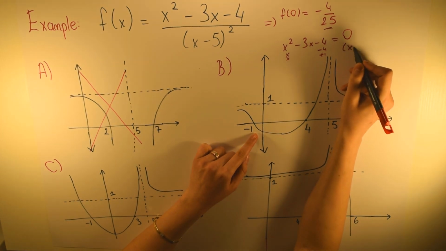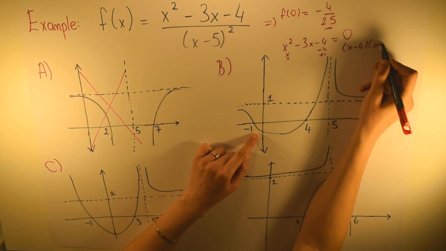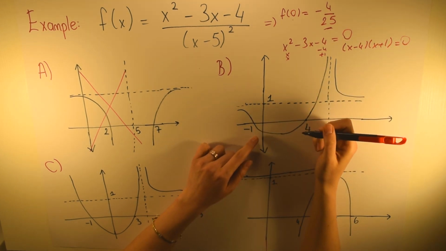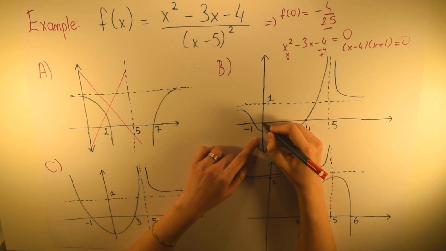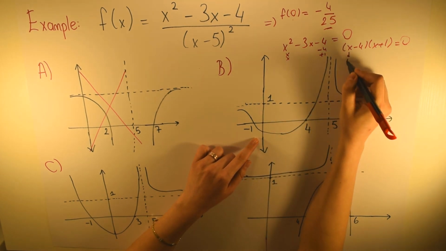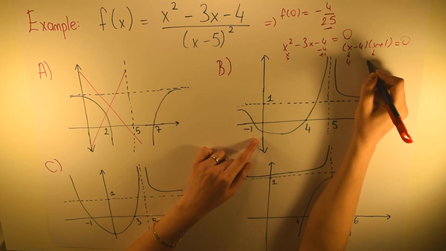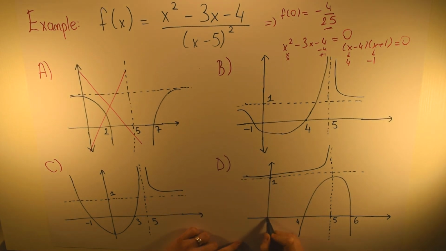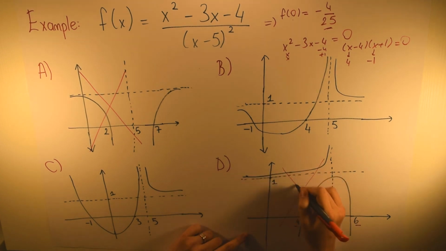So it is x minus 4, x plus 1 is equal to 0. As you can see, when y is equal to 0, x can be 4 or x can be minus 1. So here, when y is equal to 0, we have 4, but we don't have minus 1 here, so we eliminate choice D.